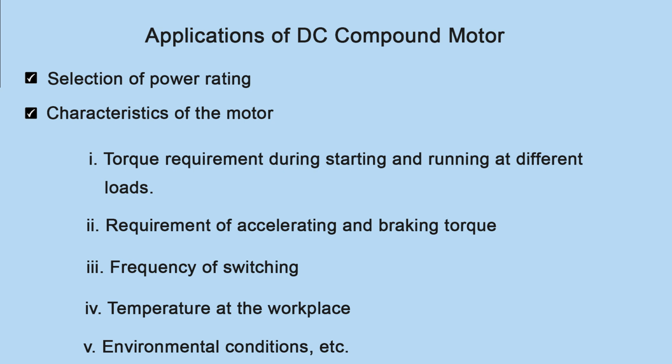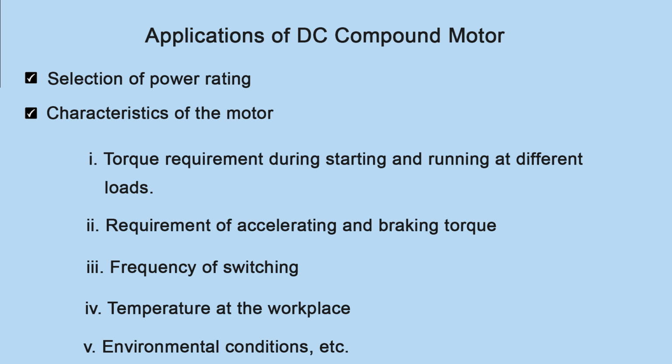While selecting a DC motor for a particular work, one has to consider the following points. The first important point is the selection of power rating. If the size, which means the horsepower rating or kilowatt capacity of the motor, is more than the load to be picked up by it, then it will operate at a lighter load than its rating.